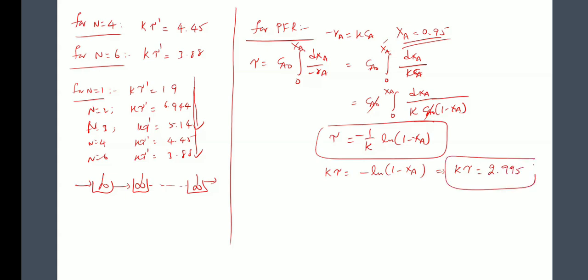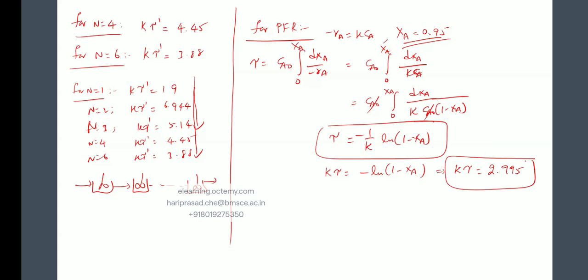This is the value for the PFR for first order kinetics, for a single PFR, not n number of PFRs. Here tau, the time constant, represents volume, because it is equal to volume by volumetric flow rate.